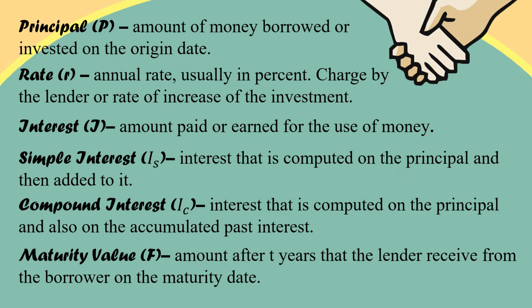Then, compound interest, it is the interest that is computed on the principal and also on the accumulated past interest. So sa compound interest naman, yung interest rate natin, kada year, madadagdagan siya. Unlike kay simple interest, once lang natin siya idadagdag yung interest rate.